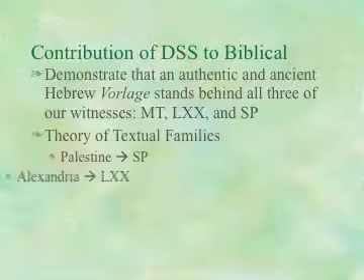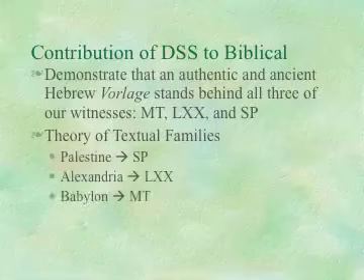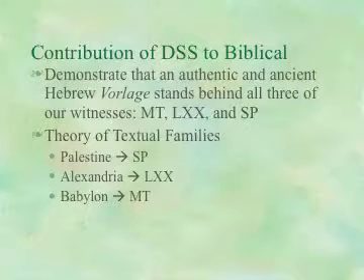And so what this has led to is a theory of textual families. In other words, why are there three different types of traditions that witness to the Hebrew Bible? It's because in the ancient world there were three different Jewish communities. There was the traditional Jewish community that lived in Palestine, and that text is ultimately witnessed to in the Samaritan Pentateuch.